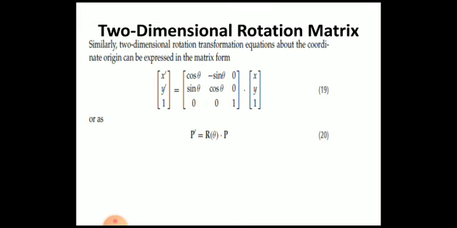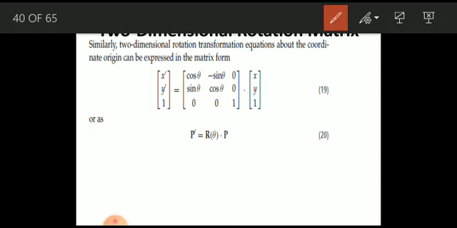Similarly, for the rotation we have the column matrix x dash, y dash, 1 is equal to cos theta, minus sine theta, 0; sine theta, cos theta, 0; 0, 0, 1 into again the column matrix x, y, and 1.